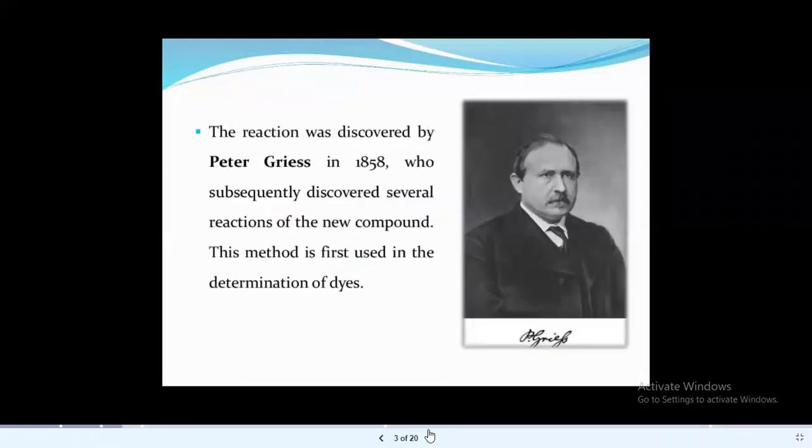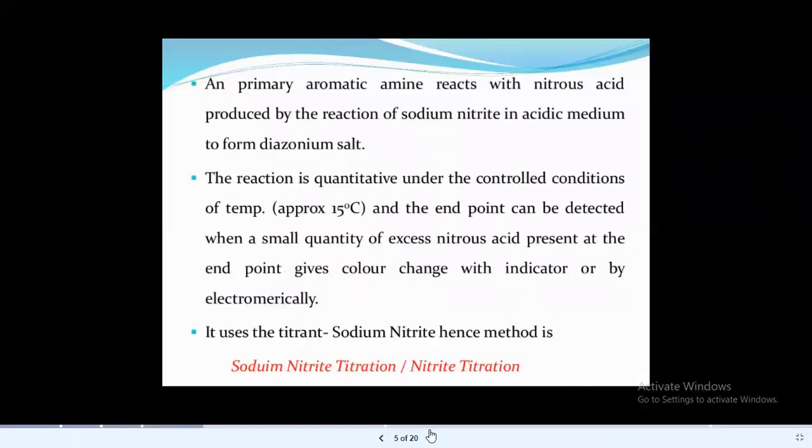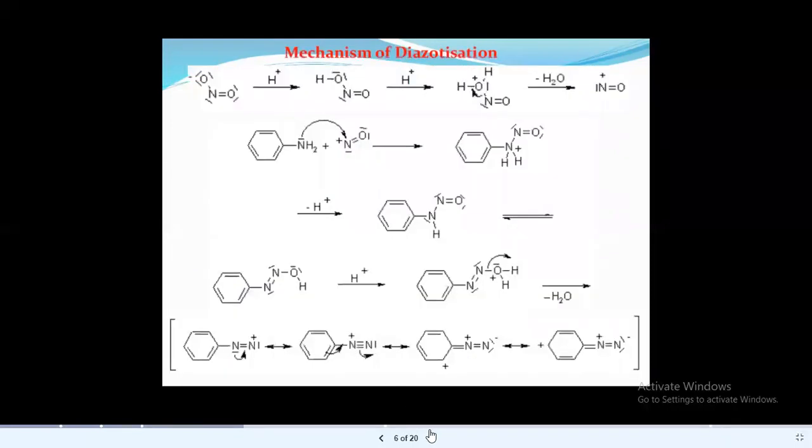We don't need this, we just want to know where this redox reaction is taking place. The reaction is quantitative under controlled temperature conditions, approximately 15 degrees centigrade. We need a low temperature, nearly -5.